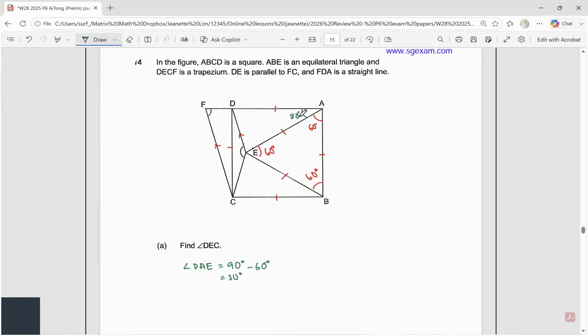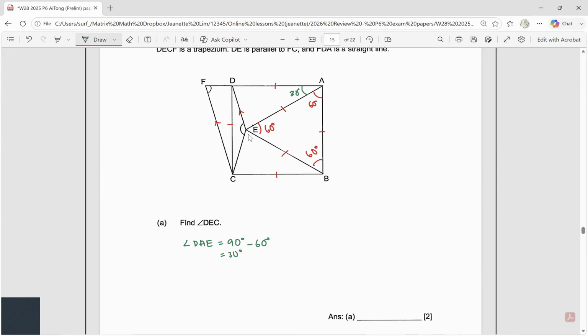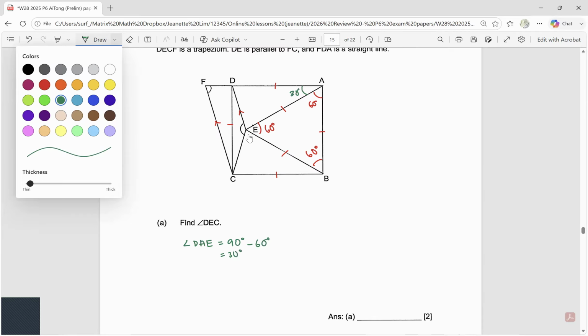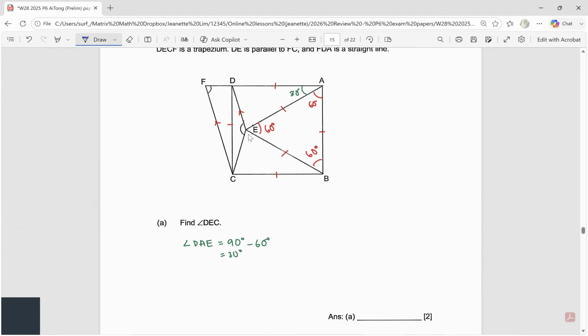So 180 minus 30 and then divide by 2. So here, DEA, AED, DEA. 180 minus 30 divide by 2, which is 75. So this is 75.